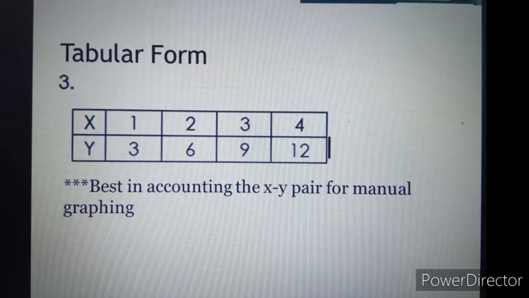Let us now move to the third representation. This is in the form of a tabular representation. A tabular representation is best for accounting the x-y pairs for manual graphing.